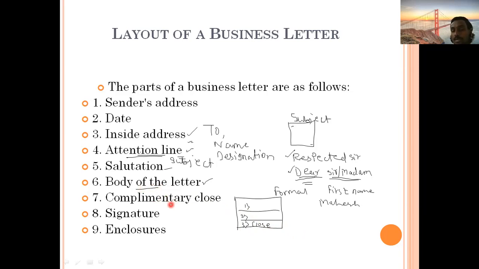The next point is number 7, that says complementary close. So what is this complementary close? What do we write at the end? Yours faithfully, yours sincerely, yours truly. And then what do we mention here?